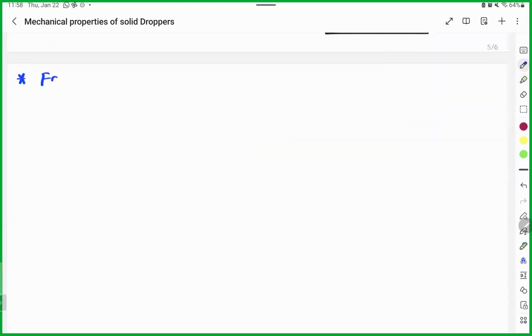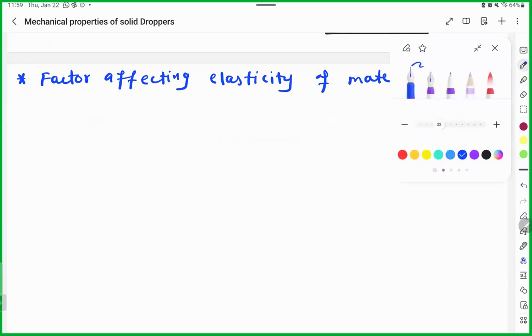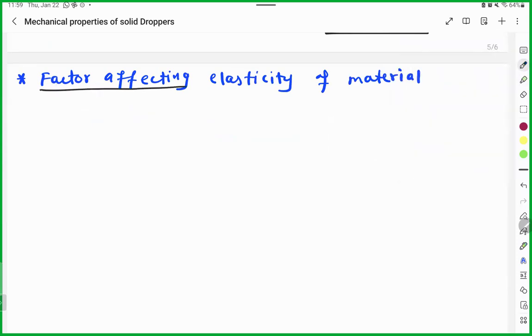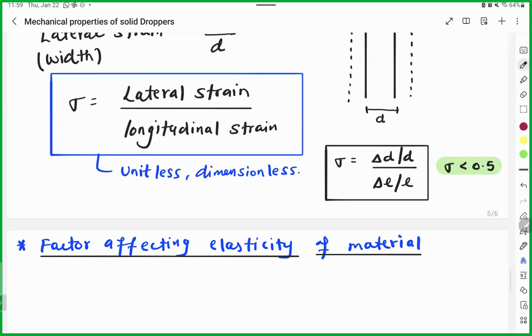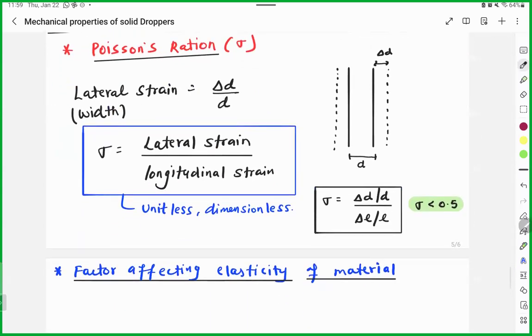Second is factors affecting elasticity of material. Done, sir? One minute, sir. Sure.